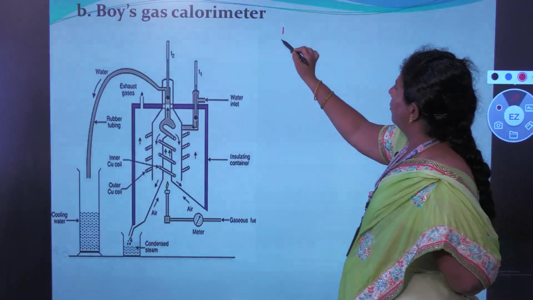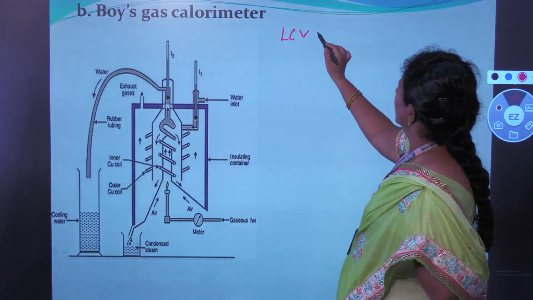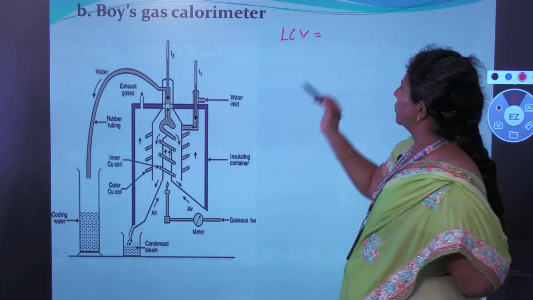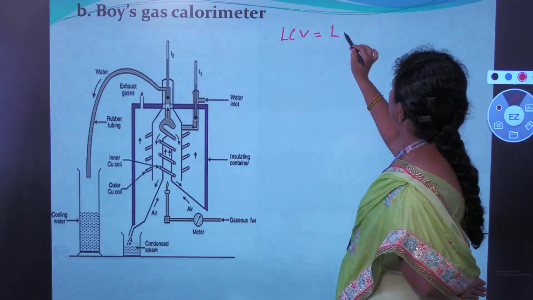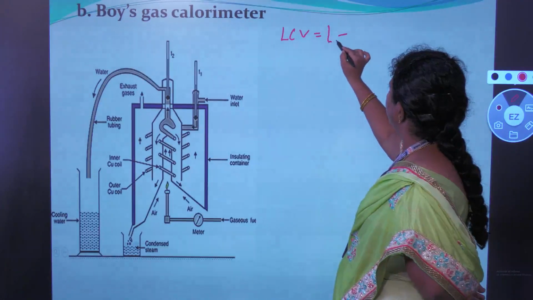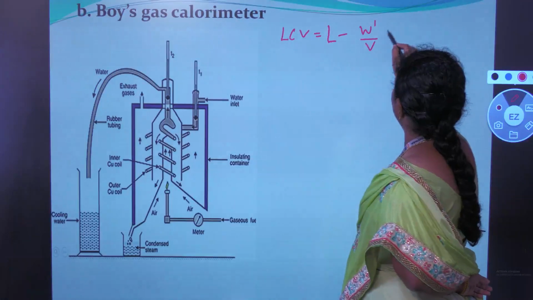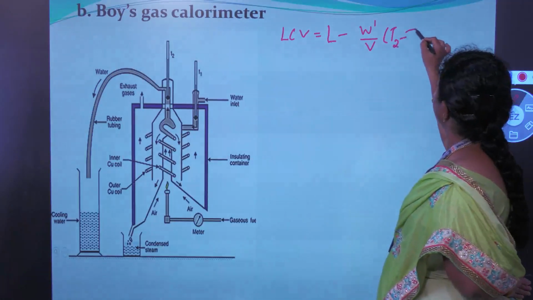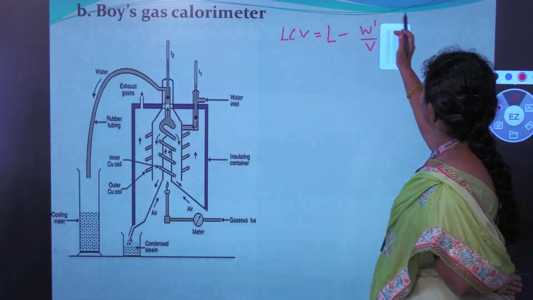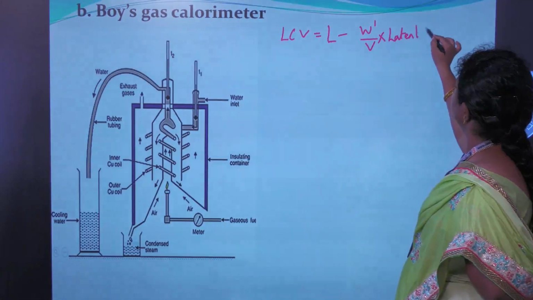Now calculation of LCV. LCV is equal to gross calorific value L minus W dash by V into T2 minus T1. Sorry, it's not T2 minus T1, it is latent heat of steam.